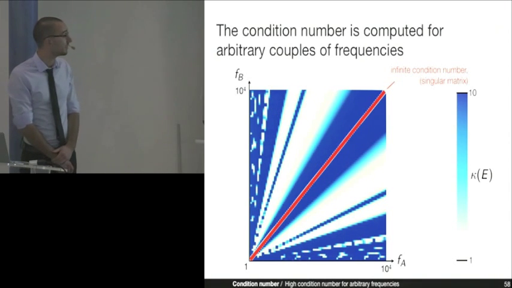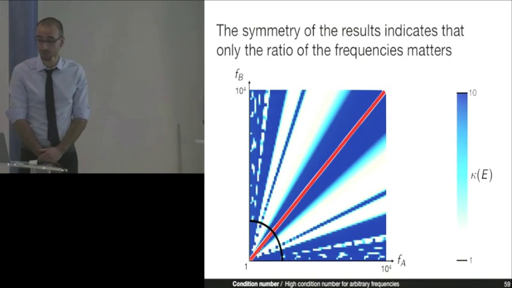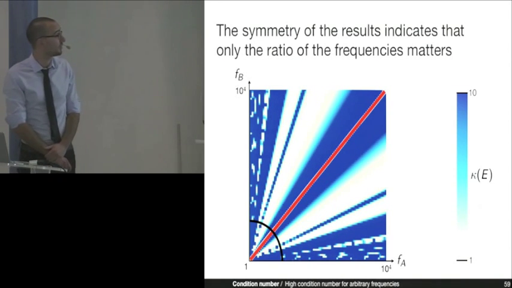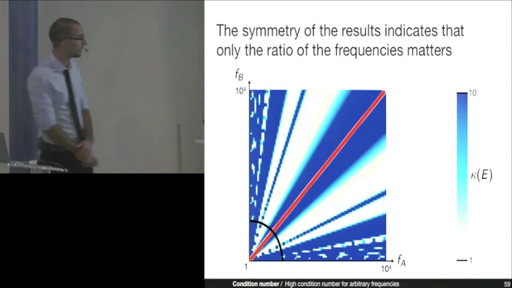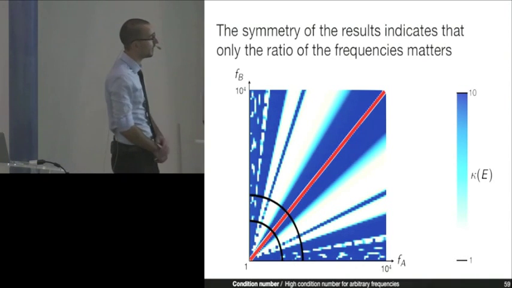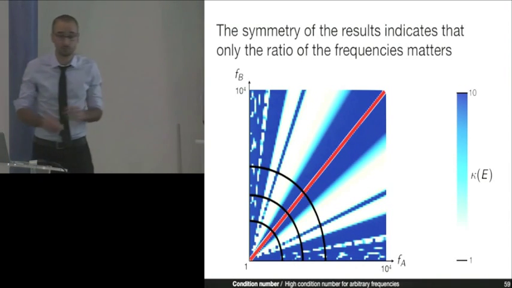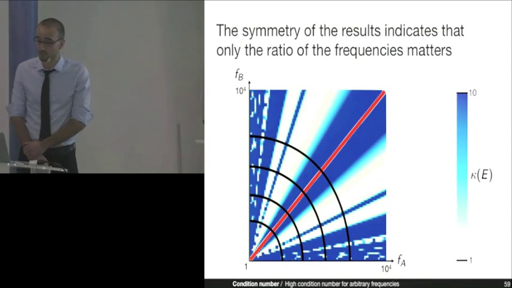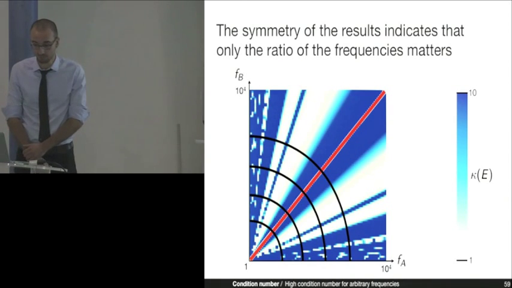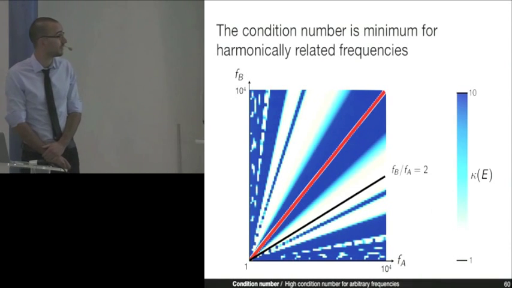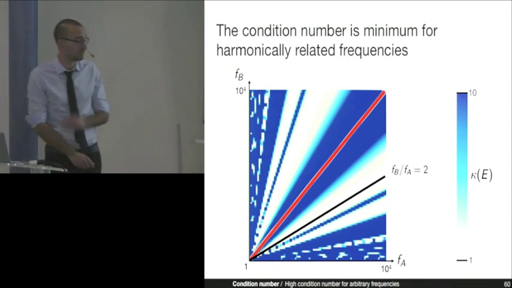First remark, we can see that the symmetry of the results indicates that only the ratio of the frequencies matters. In fact, all of these circles show the same kind of results. Second, we can see that the condition number is minimum for harmonically related frequencies.